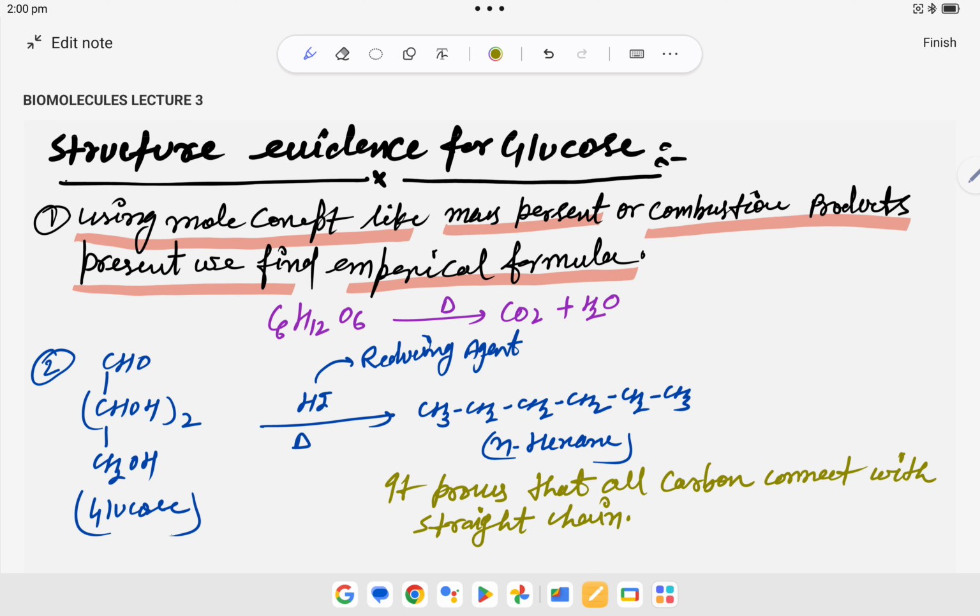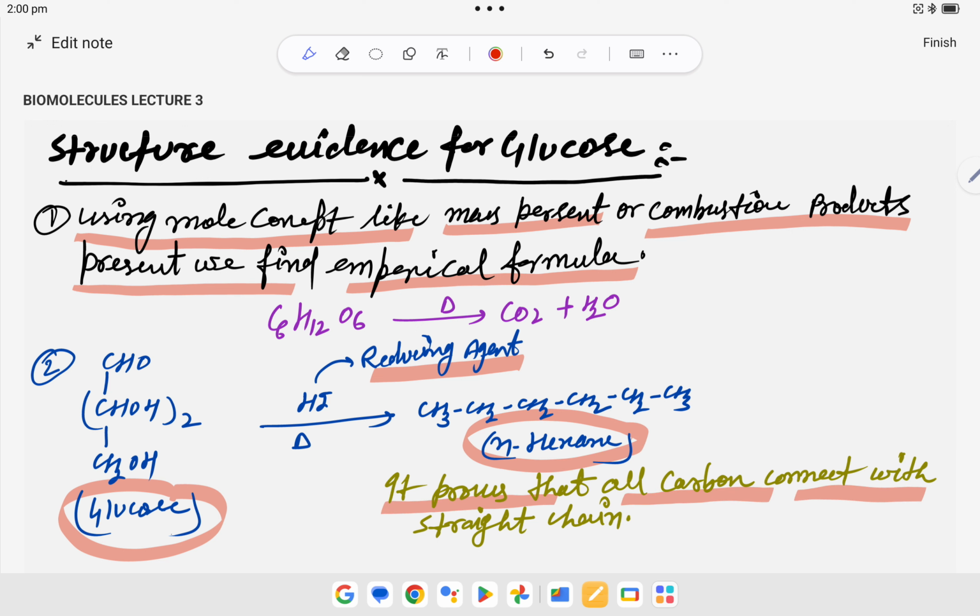That is the conclusion of the second point. Again, this species is glucose. In the presence of a reducing agent, it is converted into n-hexane. It proves that all carbons are connected in a straight chain in glucose. Okay, children, that is the second evidence.